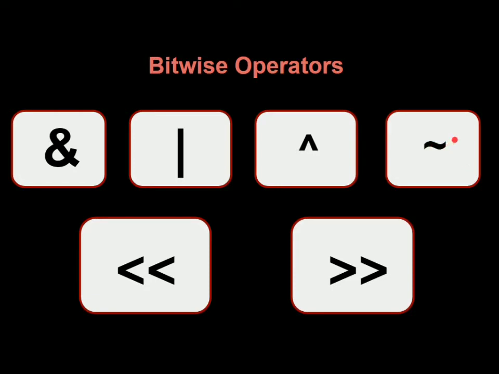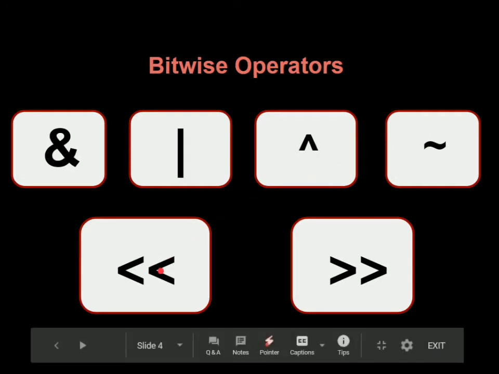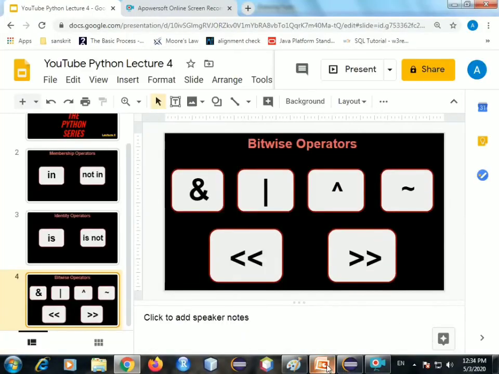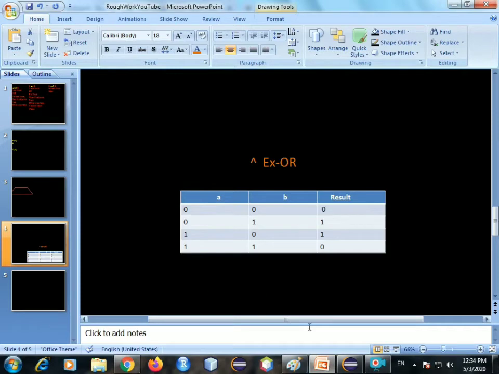We'll see that in detail. This is your left shift, that you are shifting to the left, and this is shifting to the right. Let's understand all that one by one now. Let's take the complement, one's complement, left shift and right shift. Let's come here and understand that now.